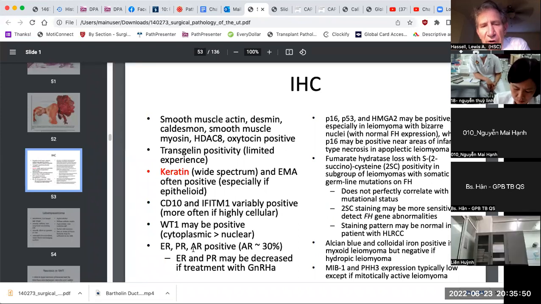Hormone receptors, of course, can be useful, but they may be decreased if they've done other things. And then we've mentioned the P53 or P16, which can be seen in bizarre nuclei and which may lead you to call the lesion an uncertain malignant potential. We will occasionally do a Ki67 or PHH3 if we want to reassure ourselves that something is not more concerning for malignancy.